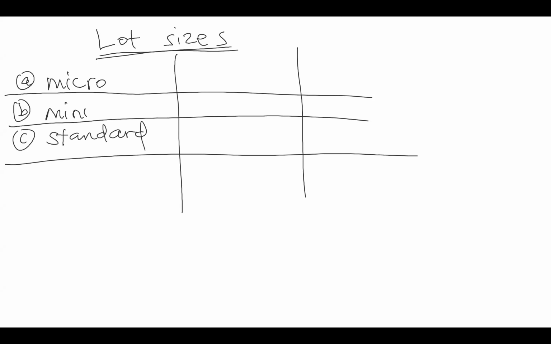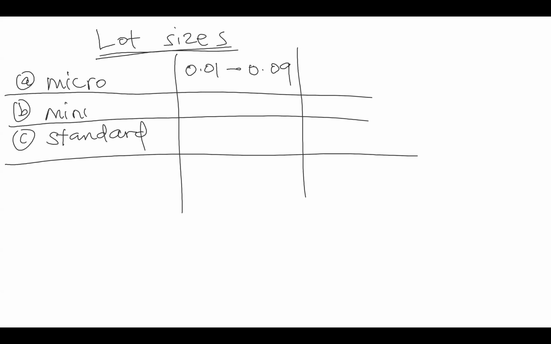So the micro lot sizes are from anywhere between 0.01 to what? 0.09, right? It's my handwriting, I hope you guys are seeing it. But just listen to me, don't pay attention to my handwriting. If not, you blow your account. So micro lot size is 0.01 to 0.09.